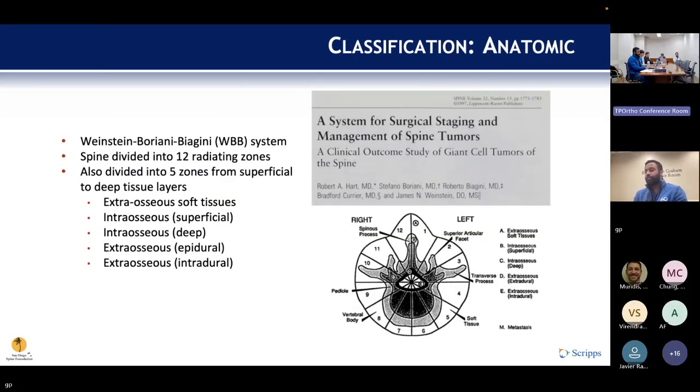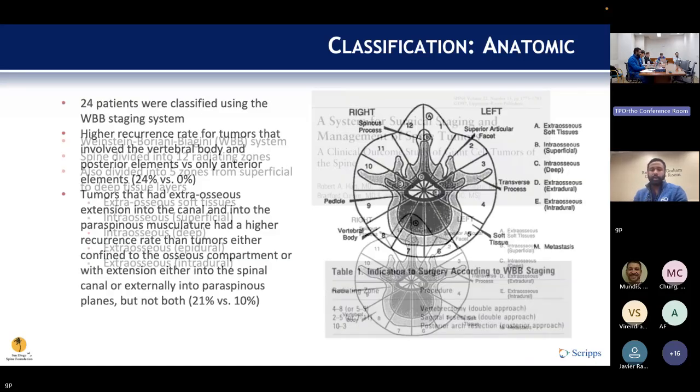A more focused classification proposed by Weinstein, Boriani, Biagini defines the spine in 12 radiating zones and also 5 tissue layers, moving superficial to deep. And then each one of these layers gets cut into these 12 pieces that you see here. And based on the number of layers involved and the number of radians involved, surgical planning is then dictated.